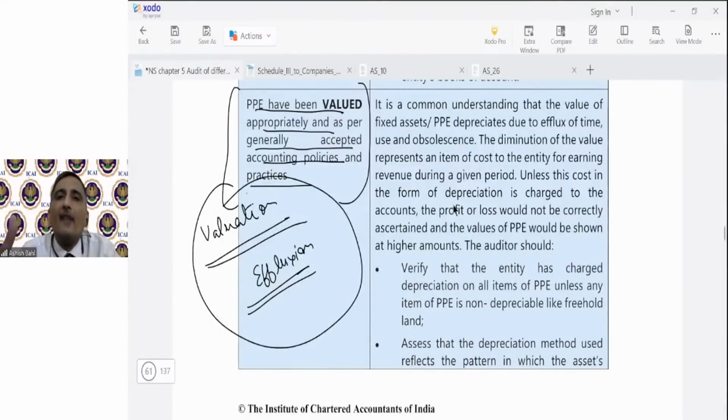So when we talk of each year, this becomes depreciation. Okay. So in case of a company, students, depreciation has to be charged in accordance with the useful life of assets, which is there in Schedule 2 of the Companies Act.